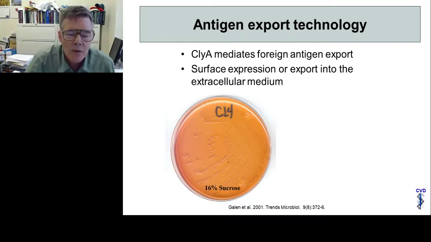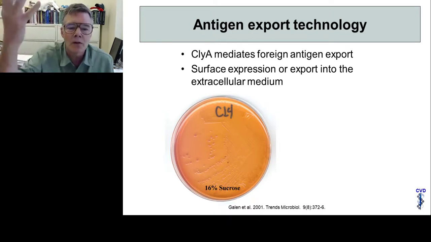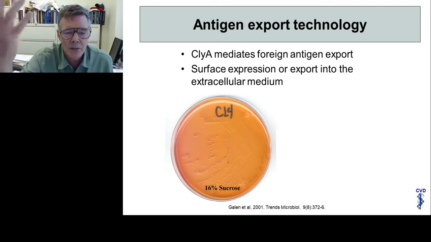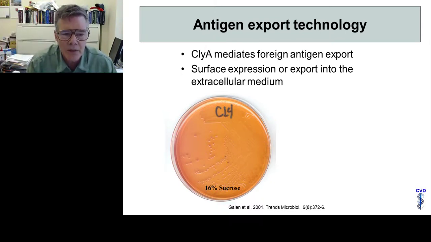So what we did was we made a genetic fusion of ClyA to SacB to test the hypothesis that ClyA could move a large foreign antigen domain out to the surface. And then we plated these transformed cells onto 16% sucrose.